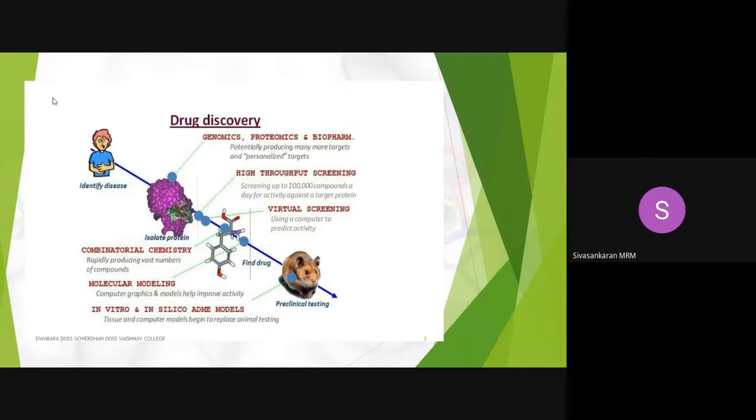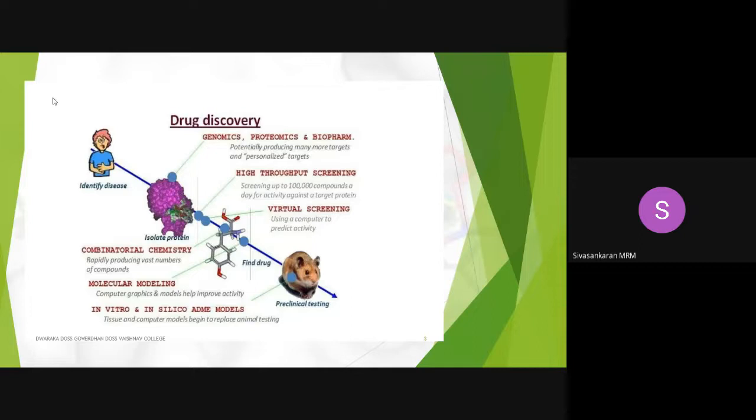Virtual screening is very important to find out whether the drug is going to bind with the particular protein, and we can find its inhibition factor and the forces of its attachment to the protein in the binding site.